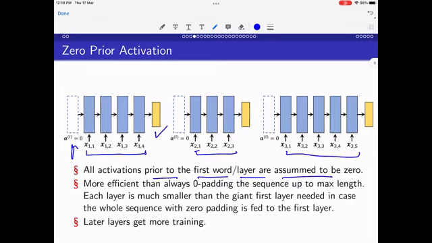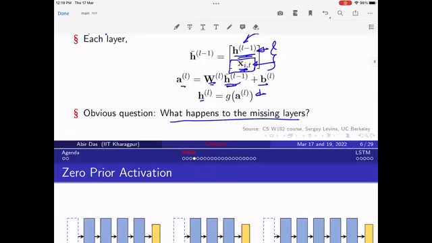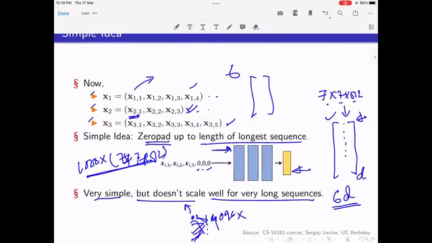Now, this is more efficient than always zero padding the sequence up to the max length, which was the first naive solution. There you zero pad up to the length of the longest sequence, but you notice the problem that it is not scalable.